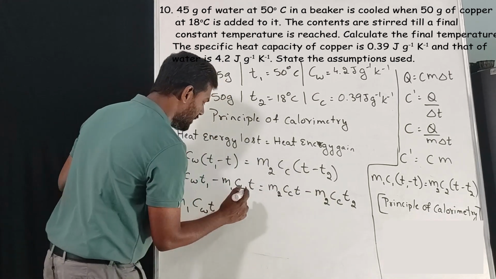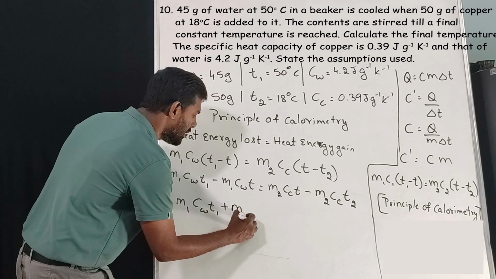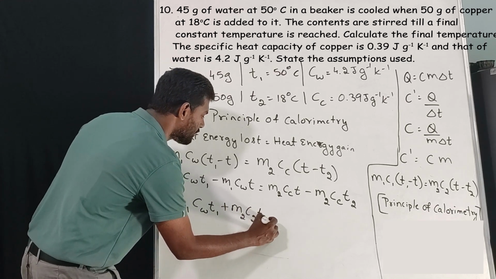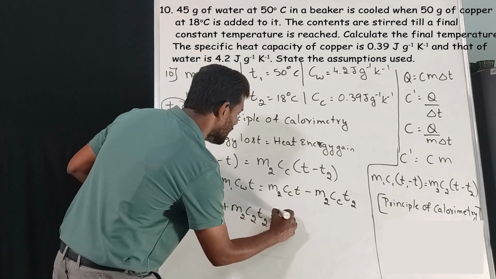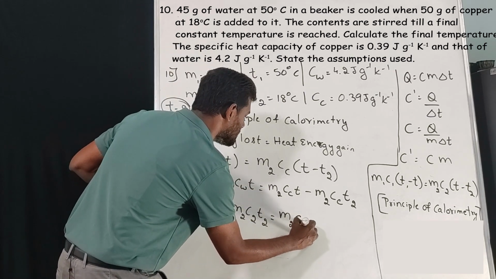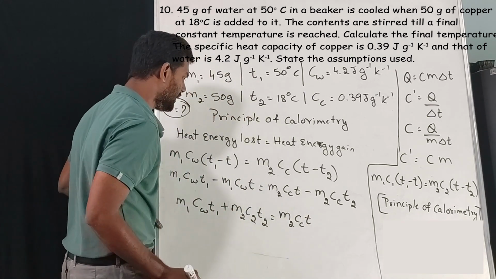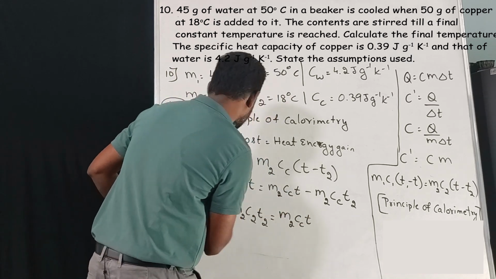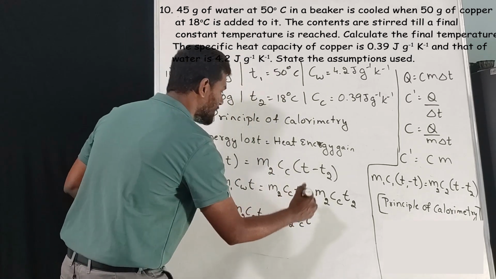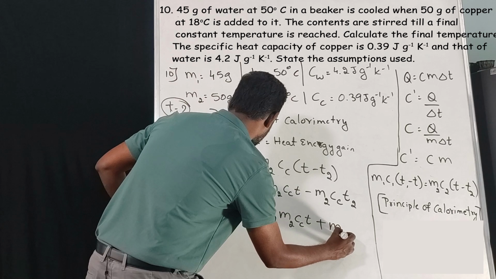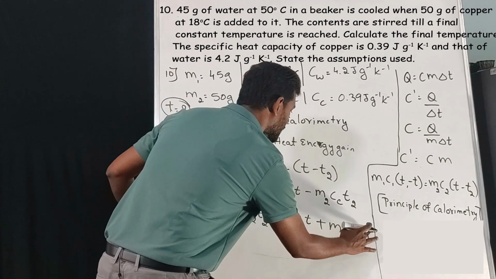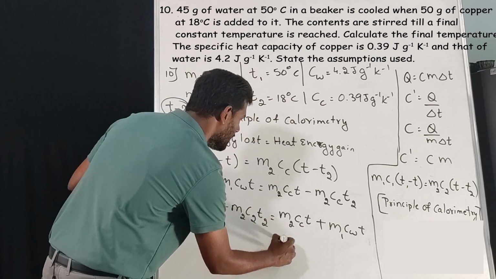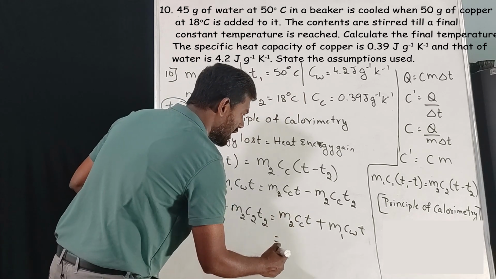If I move this one here, this becomes plus M2 CC T2, and here this one, M2 CC T, I'm going to move this side, this becomes plus M1 CW T, correct? So here in the left-hand side we can take T common, correct?